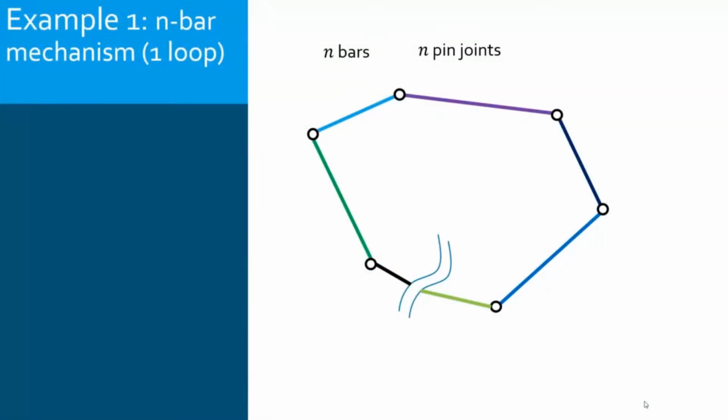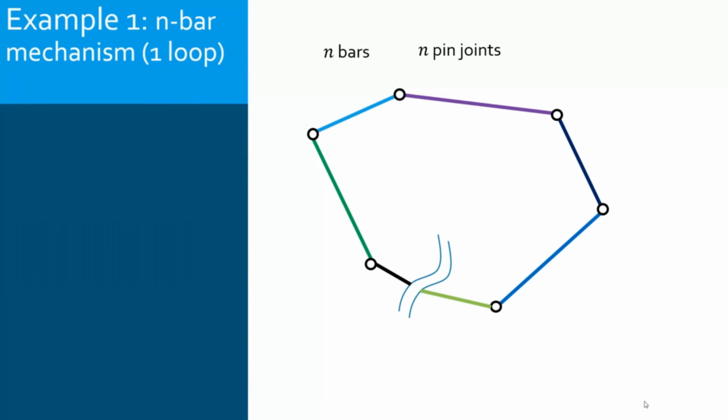Here we have n bars, a certain number. It can be 5 bars, 10 bars, 20 bars. They are connected in series, one after the other, with only revolute joints, also called pin joints or turning joints. They allow only rotation.